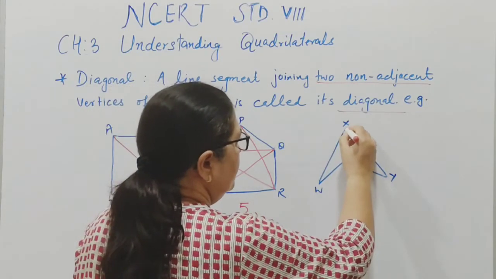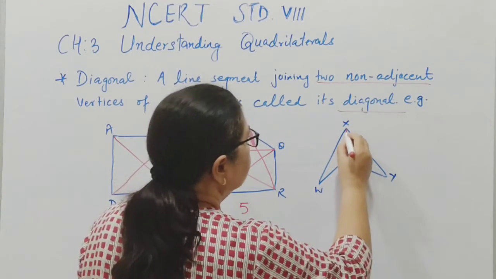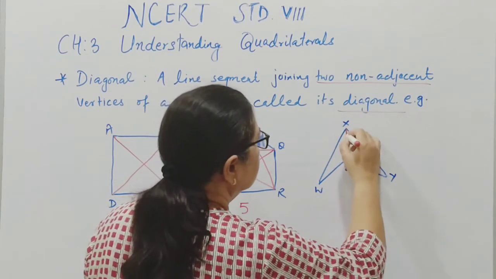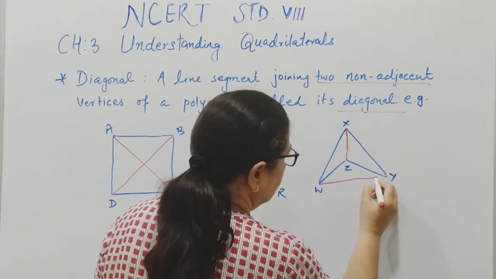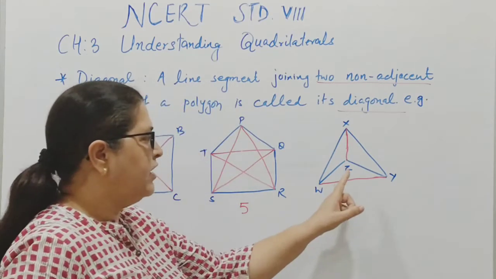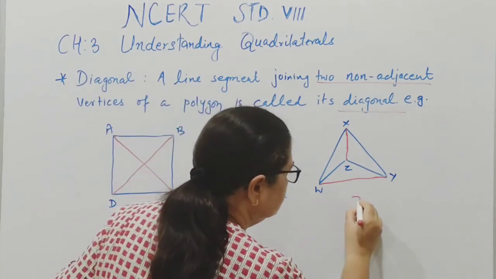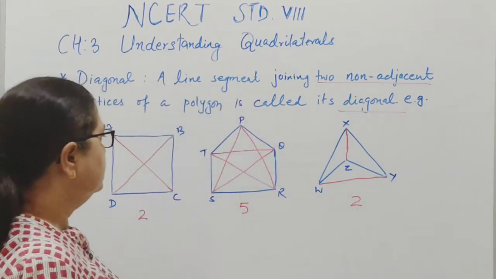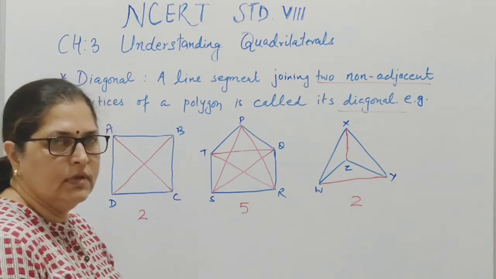Let us join its non-adjacent vertices. This figure is a quadrilateral. It has also two diagonals. Here all the diagonals are shown with the red.